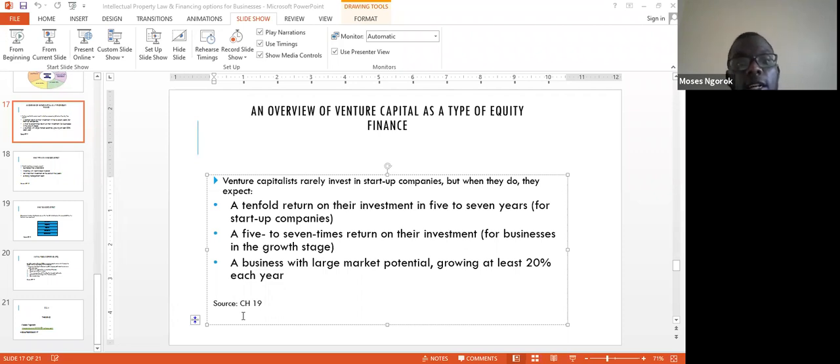If you get that and it fails, then of course the venture capitalist loses. That's why tomorrow, as you know, we're going to talk about due diligence. We're going to talk about what these funders look at before they give you money. They make sure as much as possible that the likelihood of you failing is minimized.